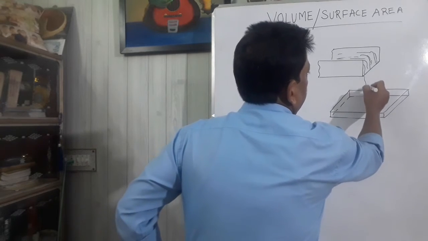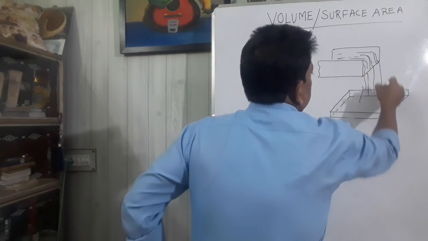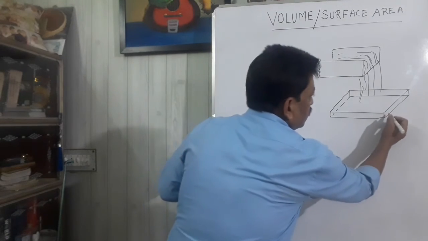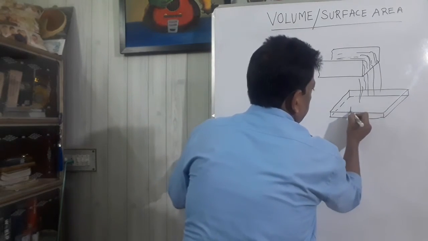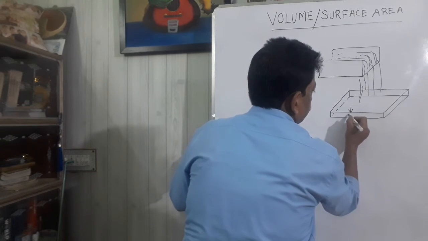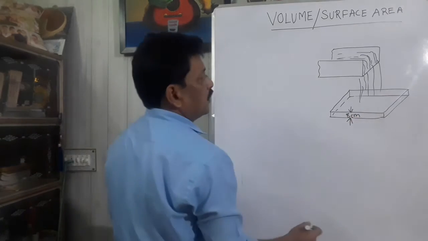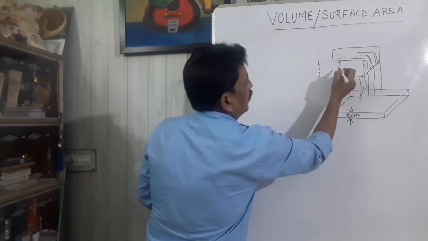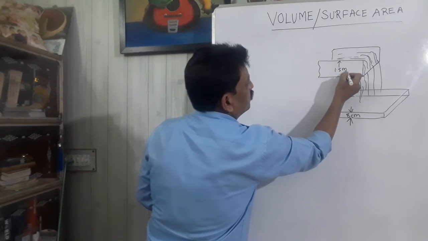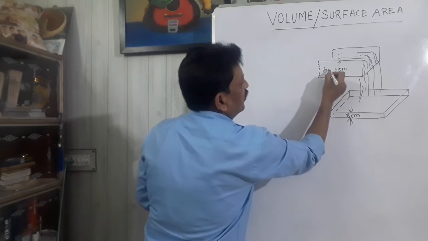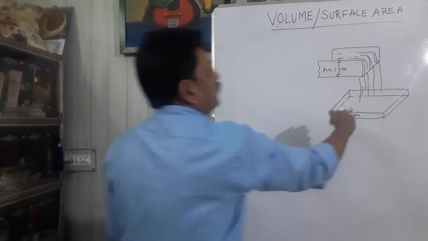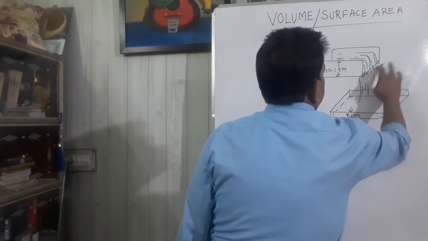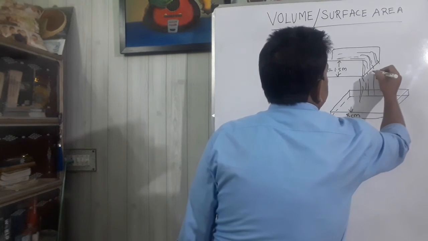This water is falling in a field where the height of standing water is 8 centimeter. Okay, the depth of the canal is given as 1.5 meter h, and the width of the canal is given as, this width is 6 meter.